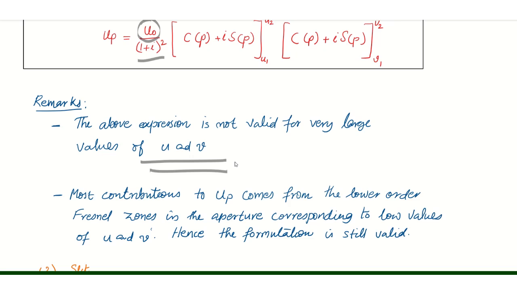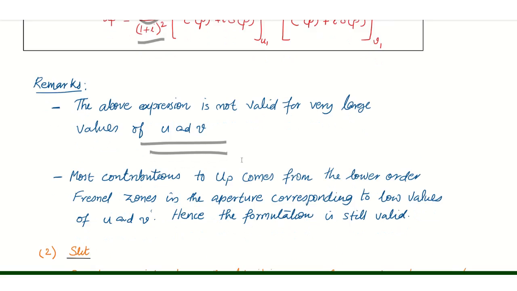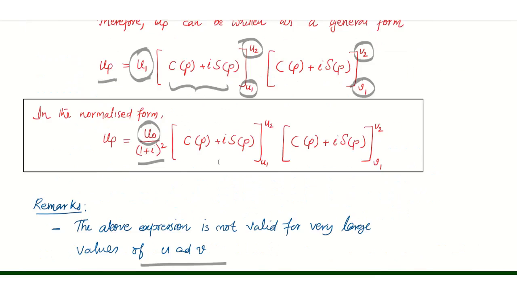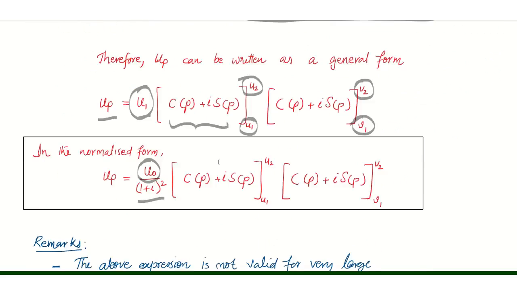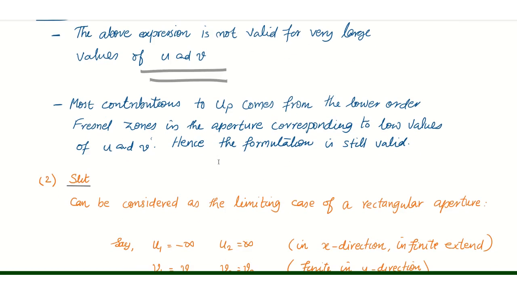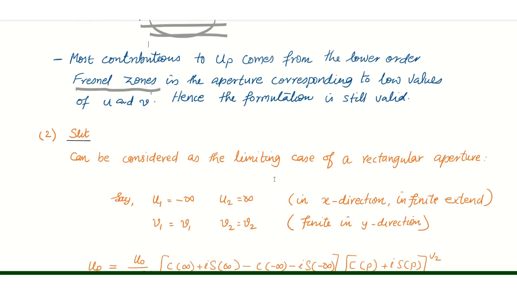Also, most contributions to UP come from the lower order Fresnel zones, and therefore large values of U and V do not contribute a lot to the intensity pattern. Therefore, the formulation is still very much valid.